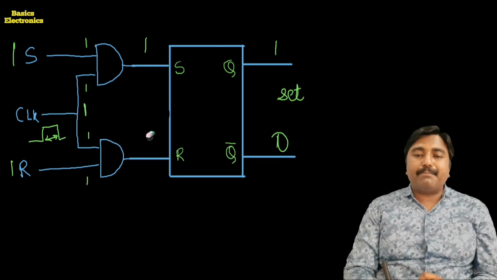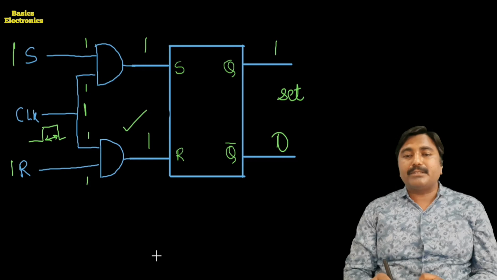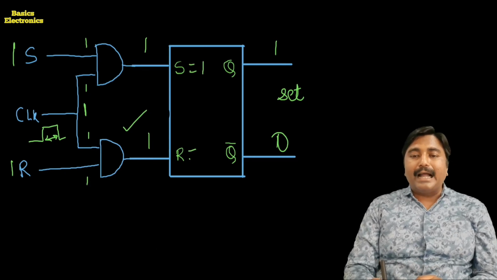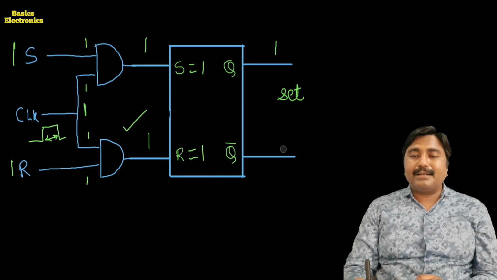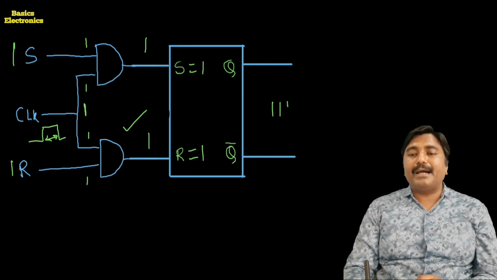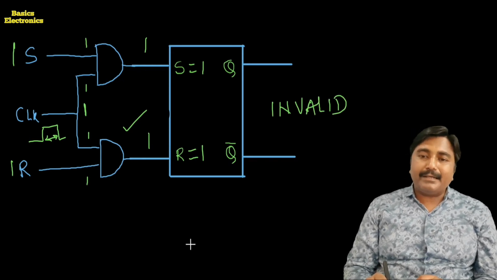So the upper AND gate produces a high output as well as the lower AND gate. It means S equals 1 and R equals 1. We know that when S equals 1, R equals 1, it is an invalid condition. That is what we call an invalid condition.